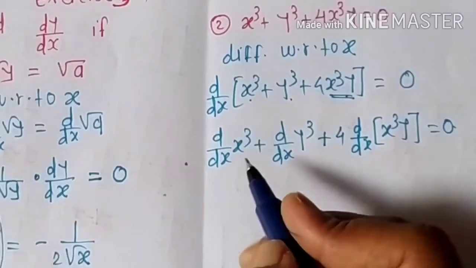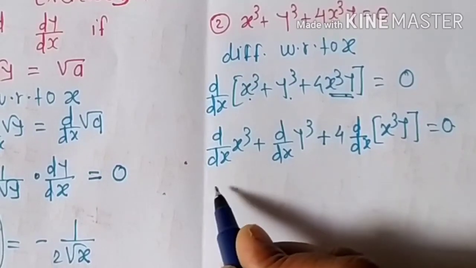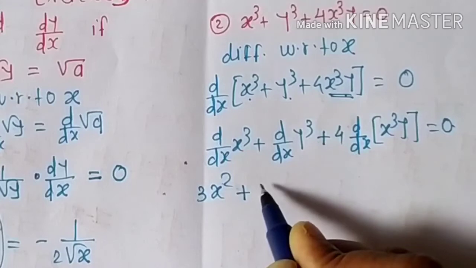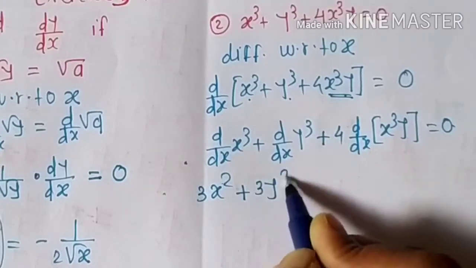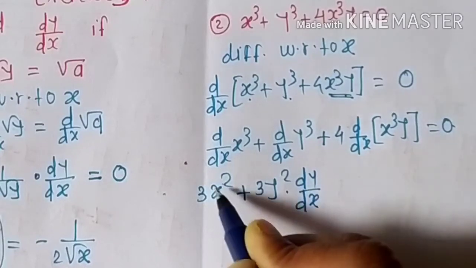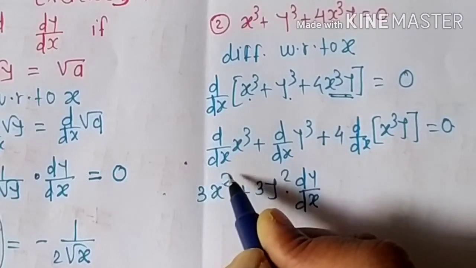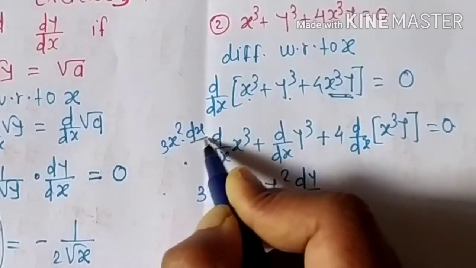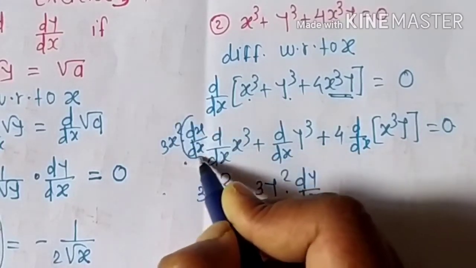Therefore the derivative of x cube, by using the formula for x raised to n, is 3x square, plus the derivative of y cube, which is 3y square into the derivative of y, that is dy by dx. Here the derivative of x cube is 3x square into the derivative of x with respect to x, but it is 1.